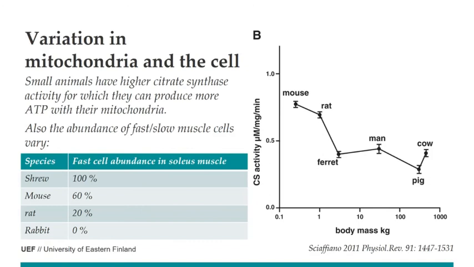In the rat, a little bit larger animal, 20%, and in a rabbit or a human, etc., 0. So they are all slow cells. So not only do we have different types of cells in different kinds of tissues, but also how many of these cells in the same tissue exist differs between large and small animals. That's a huge variation.